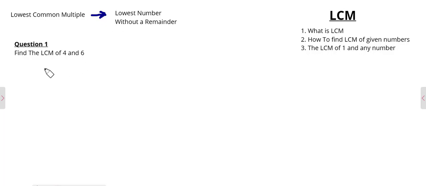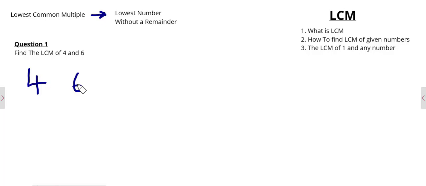The two numbers we are given here are 4 and 6. So what number can be divided by 4 and 6 without a remainder? And remember, we are interested in the least number.